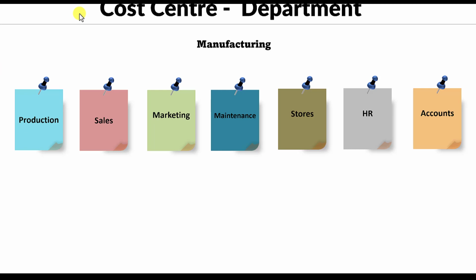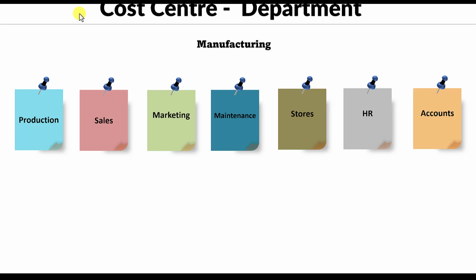Few examples for your knowledge. Departments of manufacturing companies can have departments such as production as a cost center, sales department, marketing department, maintenance, stores, HR and accounts, and there could be any other department which the organization feels fit to track.